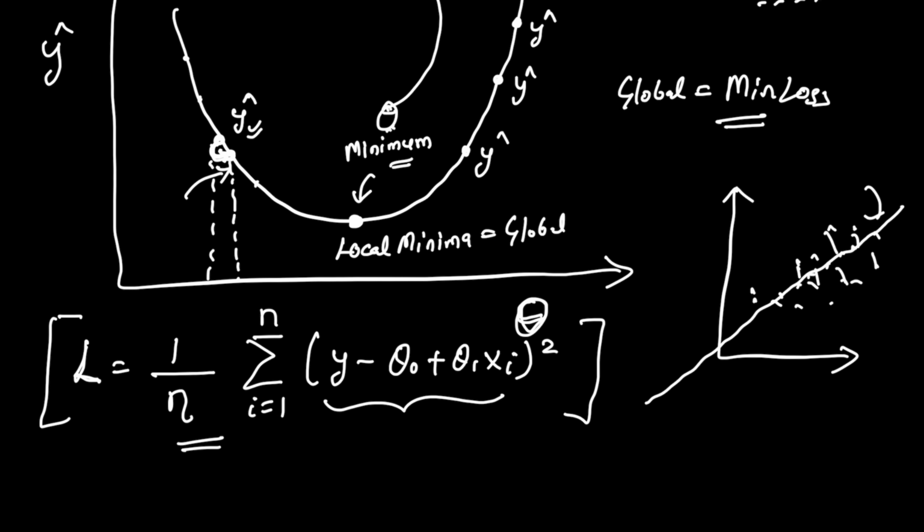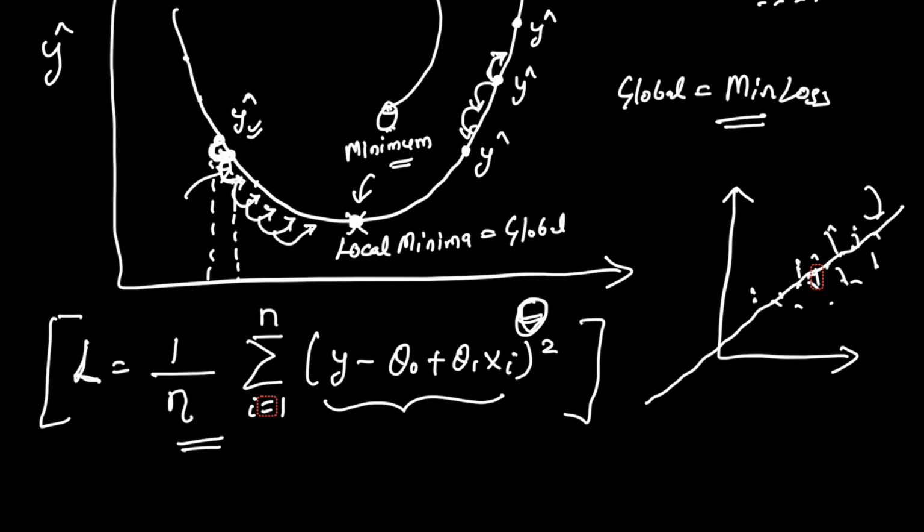So I know that if I keep on moving in this direction, then I will somehow end up at the minima, right? Similarly, if I take another point here, and instead of going down, I go up, then I know that I'm actually increasing the loss, so I shouldn't go up, I should actually go down, right?